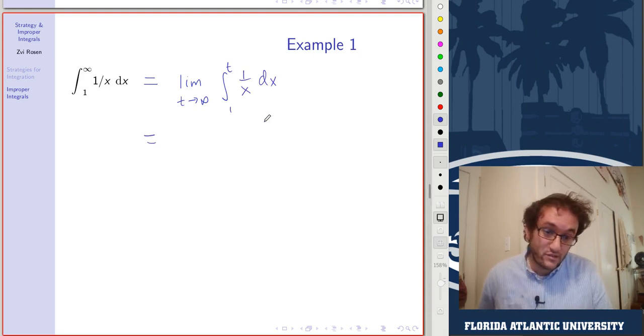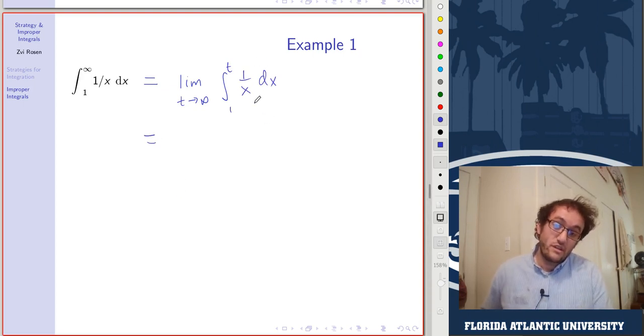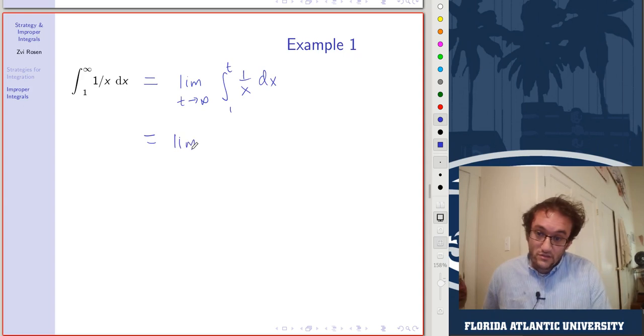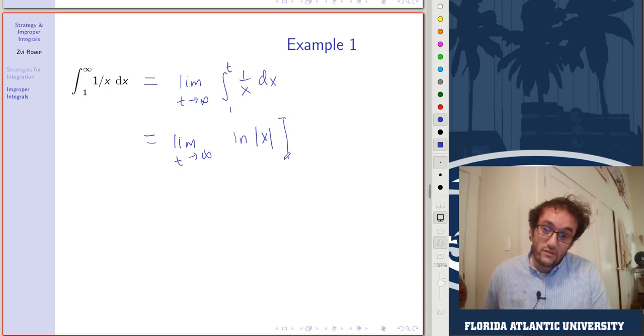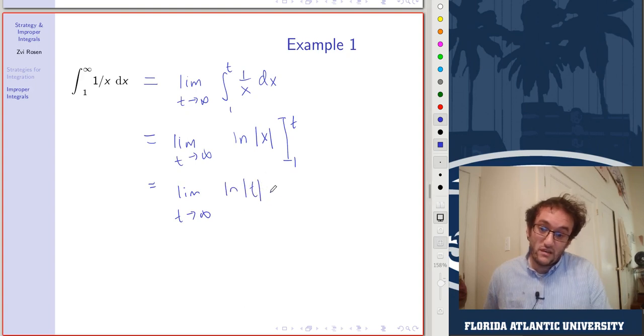Now we know how to integrate this function to do a definite integral where this is some finite value, so we'll just do the integral like normal. This is the ln of absolute value of x, and we're evaluating it from 1 to t. That's going to be equal to the limit as t goes to infinity of ln of absolute value of t minus ln of 1.